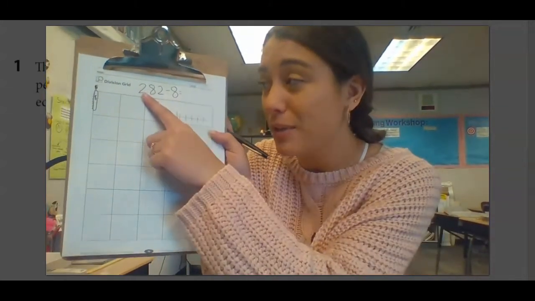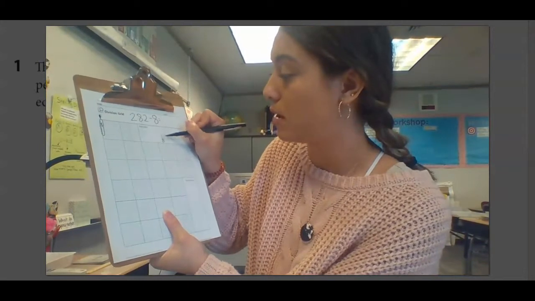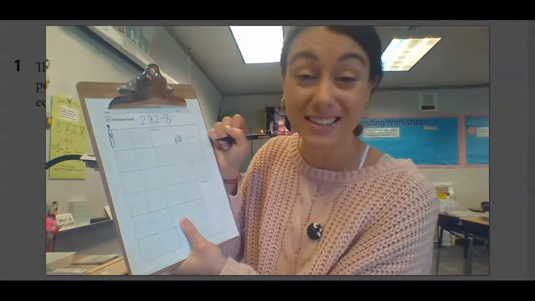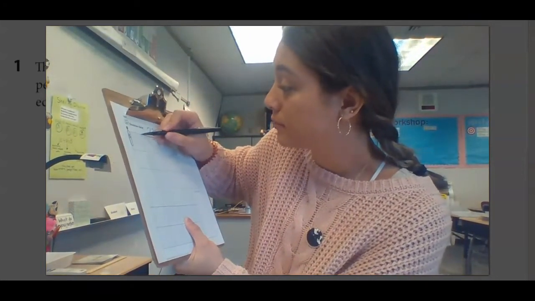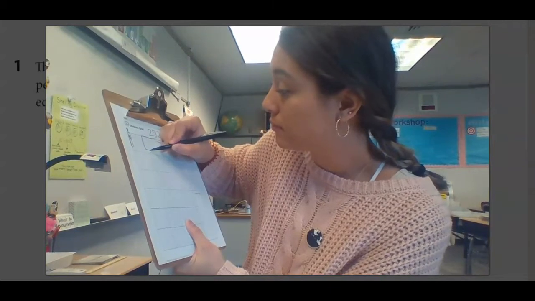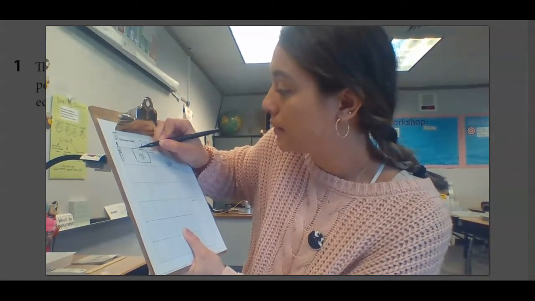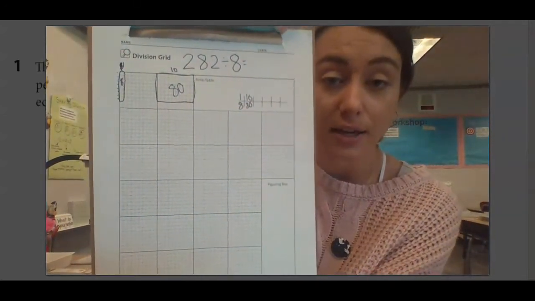And knowing that my number I'm dividing is 282, I'm going to jump to 10. So 10 is a nice round number, and I already know it's 80. 8 times 10 is 80. I'm going to draw that in. 80 and 10. You see how I used 80 and 10.